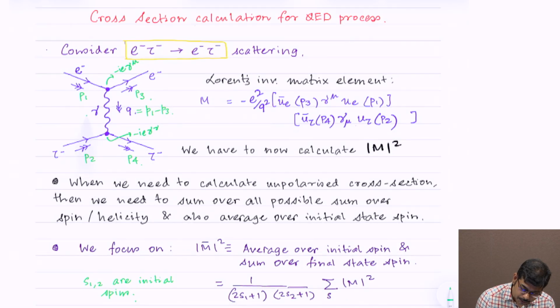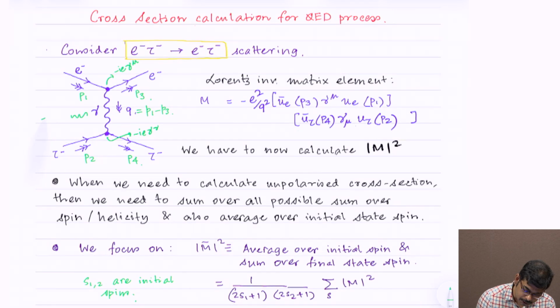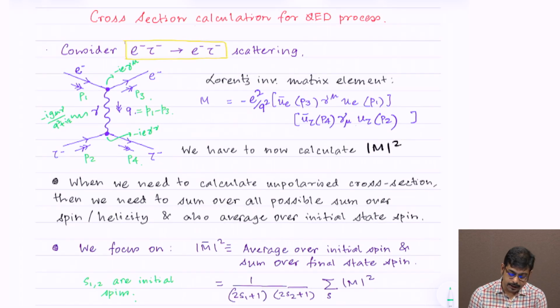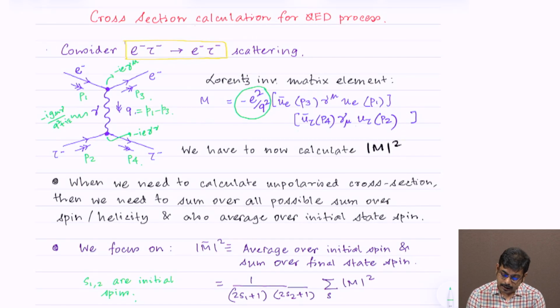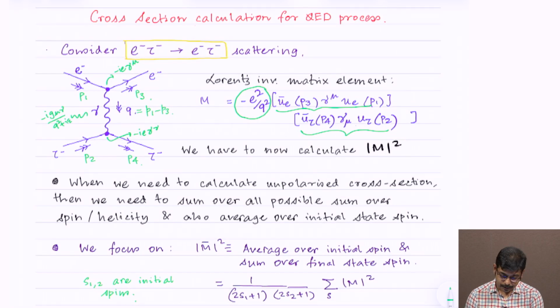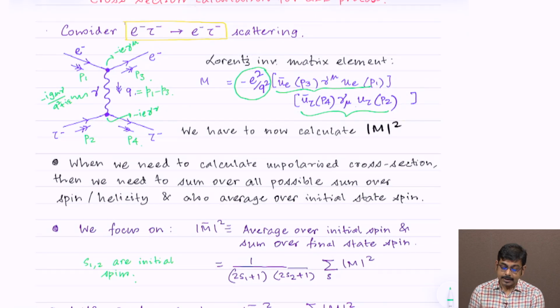On the other hand, the propagator was proportional to minus i g mu nu by q square plus i epsilon. I dropped the i epsilon part here, and I have essentially borrowed this part like minus e square by q square, and then this is the part involving the spinorial part of this particular process. So, this is the matrix element.